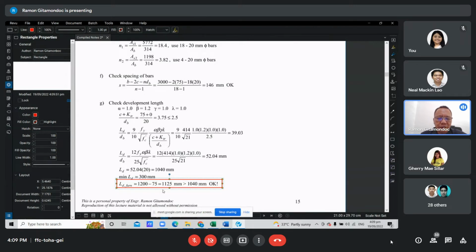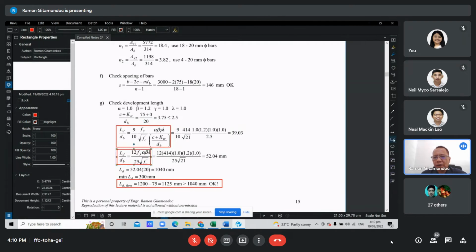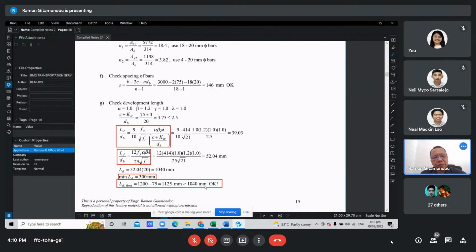Then compare this with the required development length. These are the formulas for computing the required development length. This is the first formula, this is the second formula, then the third is the minimum.